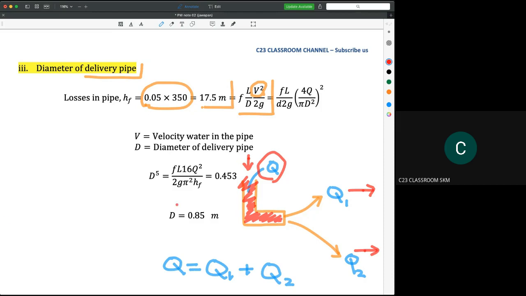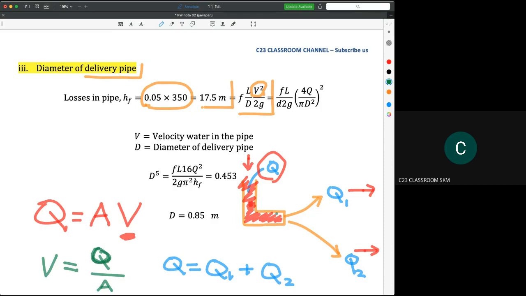But, okay, from the continuity equation, we know Q is equal AV. So in this situation, because we don't know what is the velocity inside this pipe, what we could do is use the idea of V is equal Q over A. Why? Because the flow rate here can be determined.